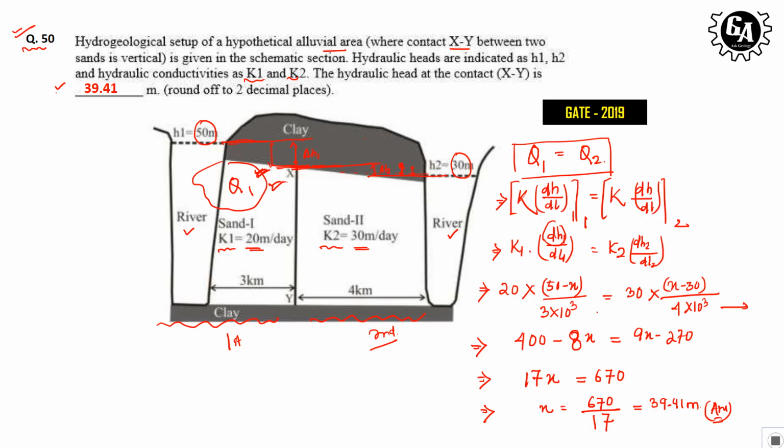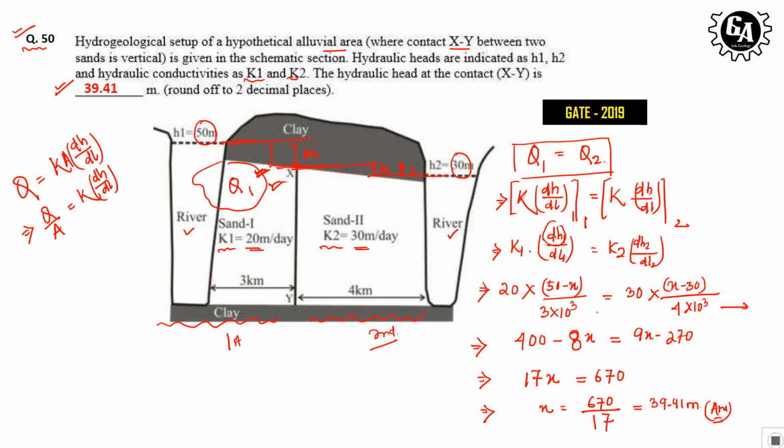So in this case, what is the formula we put here? That is Q is equal to K dh by dl, or Q is equal to KA dh by dl. If we take this A to the other side, Q by A is equal to K dh by dl.